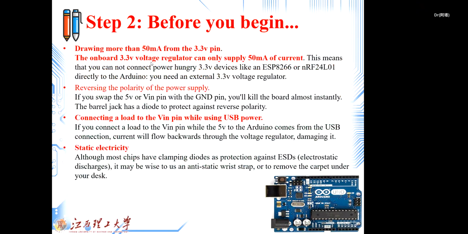Again and again, I tell you never use more than 50 milliamperes from the 3.3 pin to connect to sensors and so on. And never try to reverse the polarity of the power supply. Connecting loads to the Vin pin while using USB power is very dangerous. It will kill your board. And be careful of static electricity, because it will kill your IC.